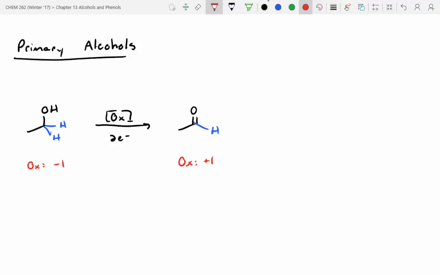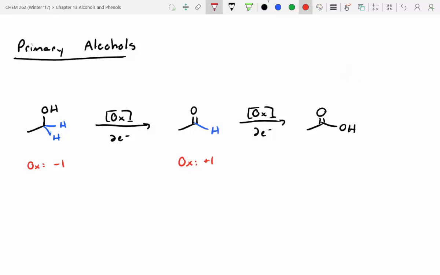Can we oxidize this any more? We have another hydrogen to remove. So we could take off that hydrogen. And if you do this, it's another 2-electron oxidation, and you can actually convert an aldehyde to a carboxylic acid.